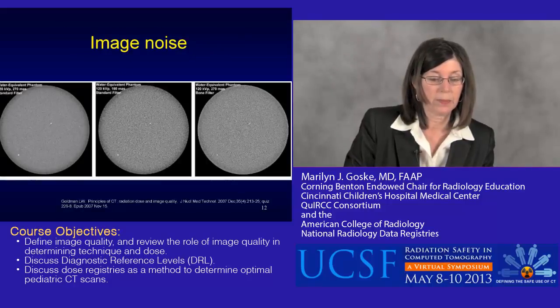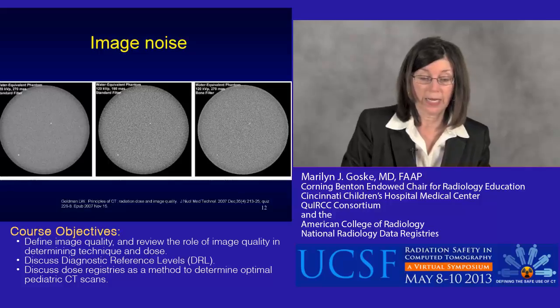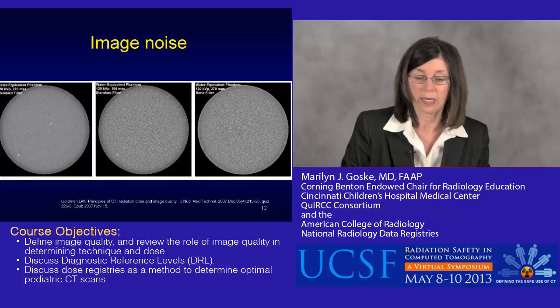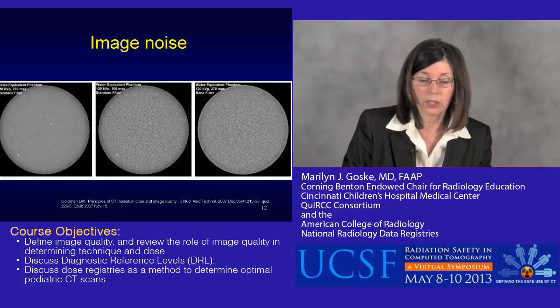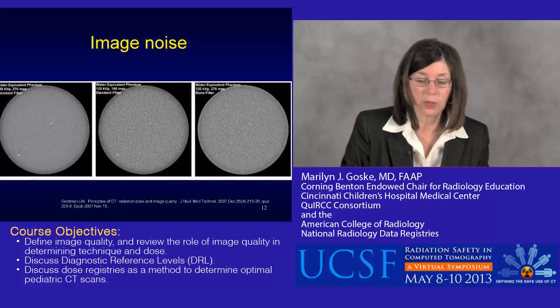And here's an example taken from an article by Dr. Goldman that demonstrates this concept of noise. Using a water phantom, you can see that image A was performed at 270 mAs. The second image, with all other parameters being the same, used 100 mAs in technique.